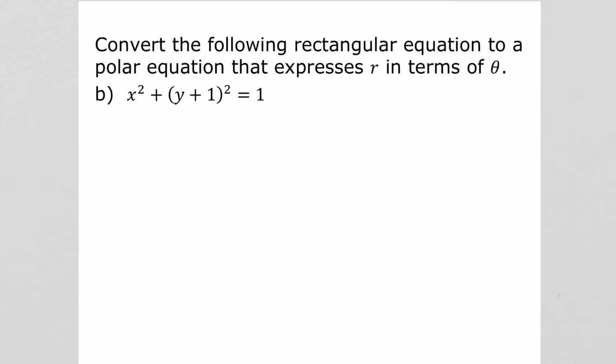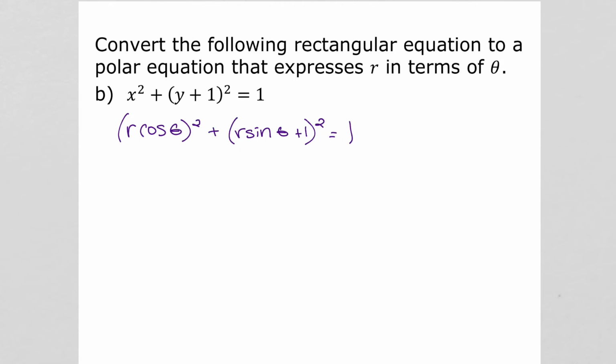Let's change another one here. So we've got x squared plus (y plus 1) squared equals 1. So that will be (r cosine theta) squared plus (r sine theta plus 1) squared equals 1.